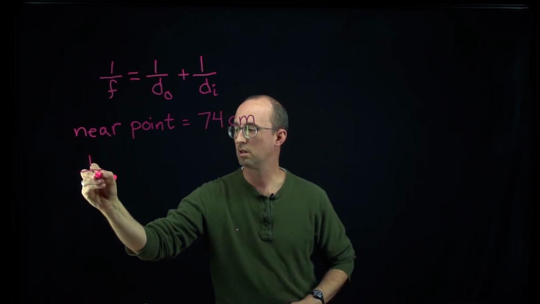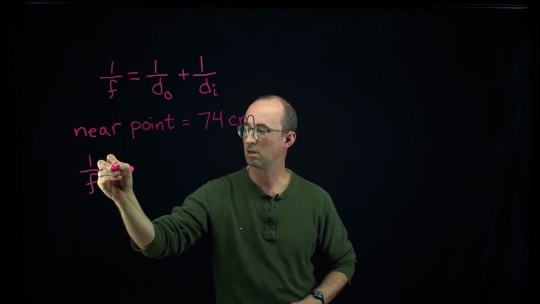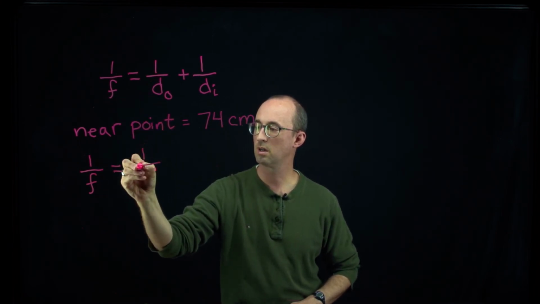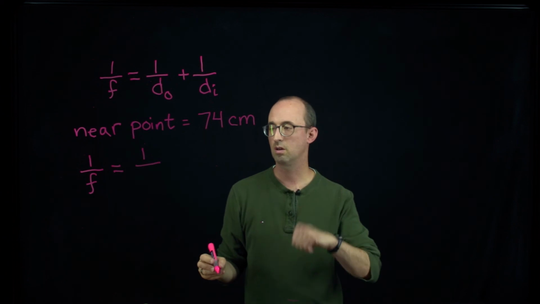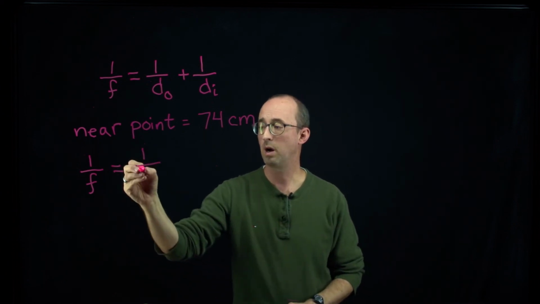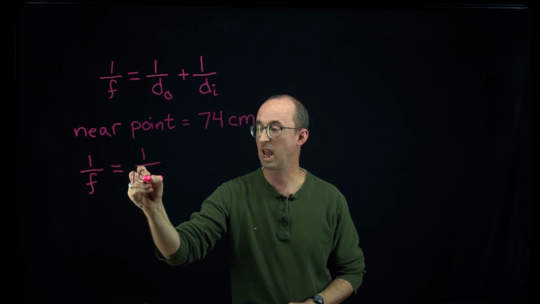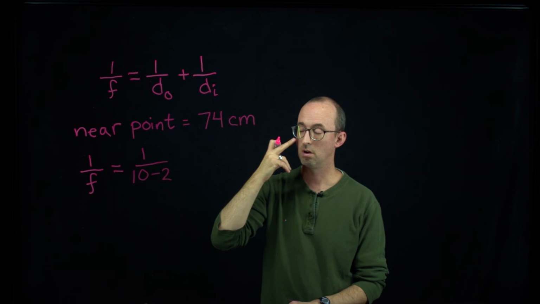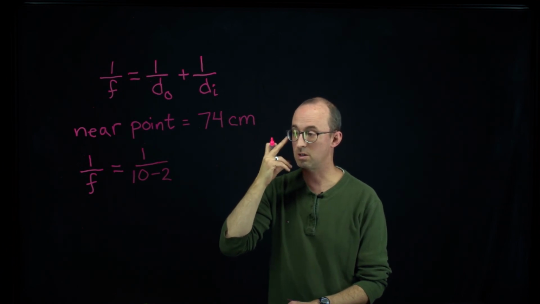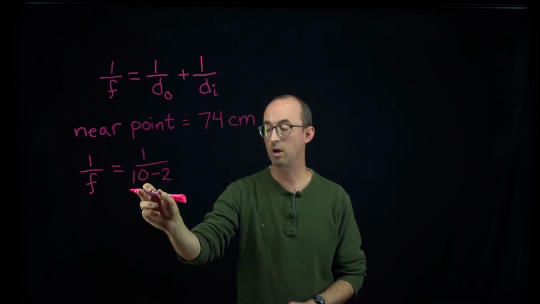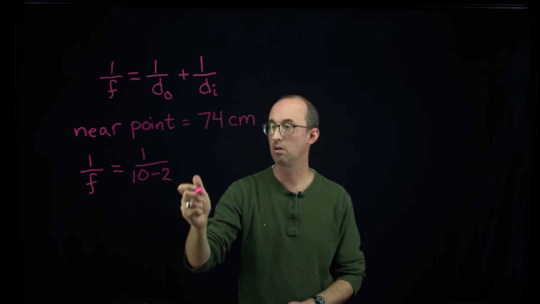Using the formula, for the object distance, we want the object to be 10 centimeters from the eye. That's as close as we want to get. But that means, of course, it's going to be 8 centimeters. We have to subtract the 2 centimeter distance between the glasses and the eye. So the object is actually going to be only 8 centimeters away from the lens.